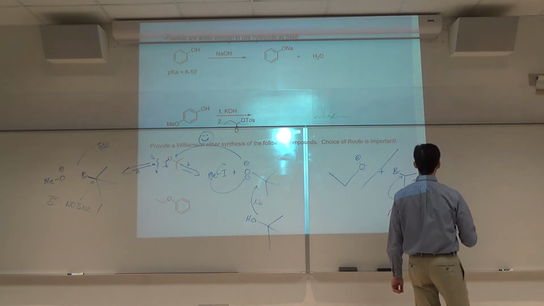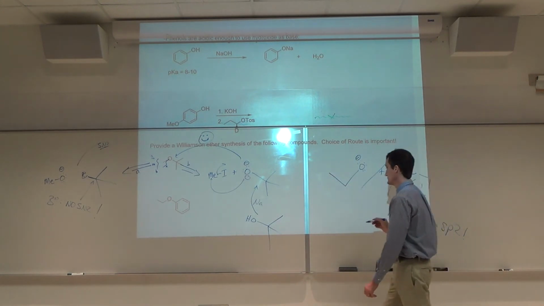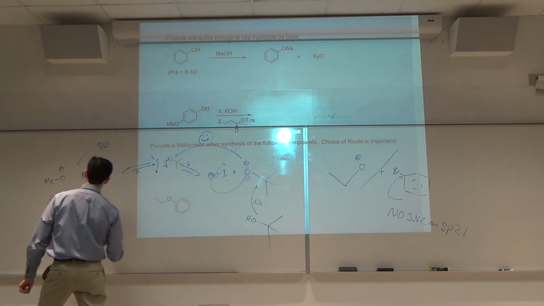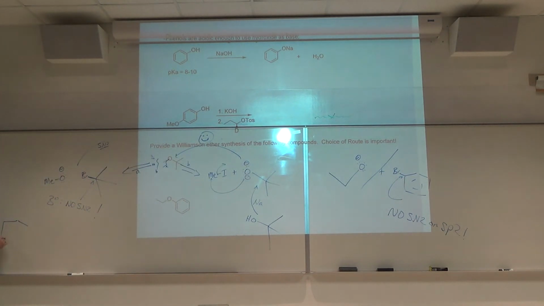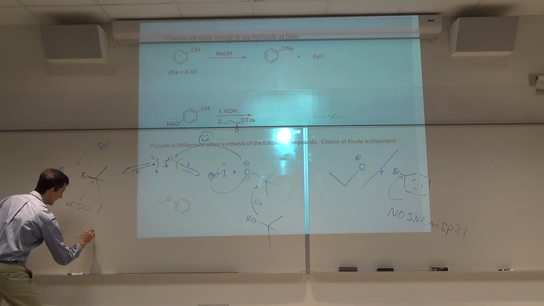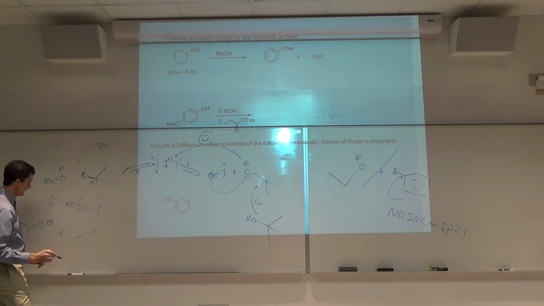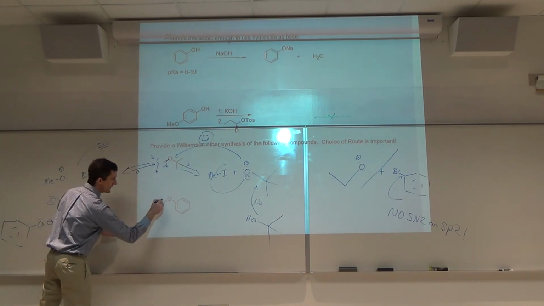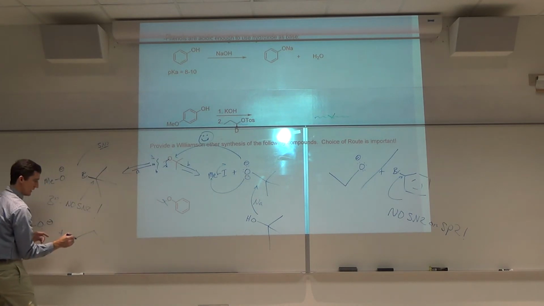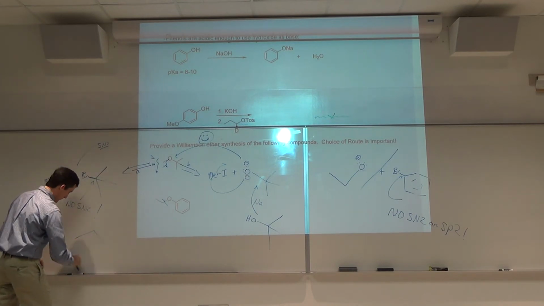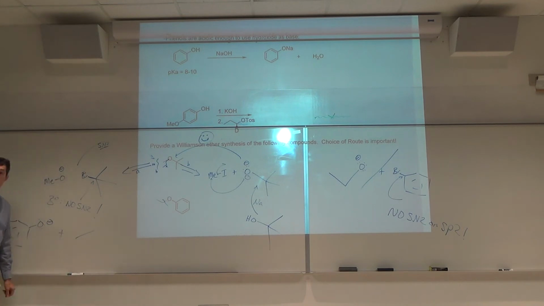Instead, do what? Phenoxide. Plus what? Well, no, we don't need sodium now. We want to make this bond, essentially. We need two carbons. What do we need? Just ethane?